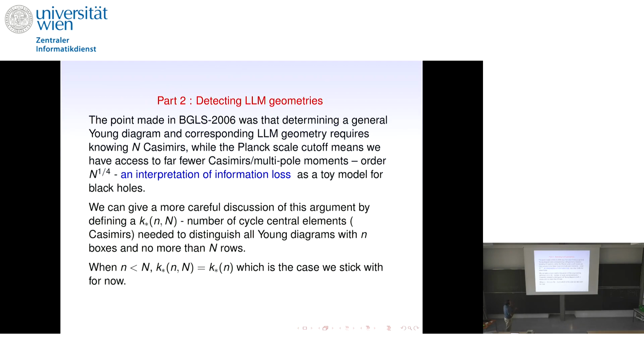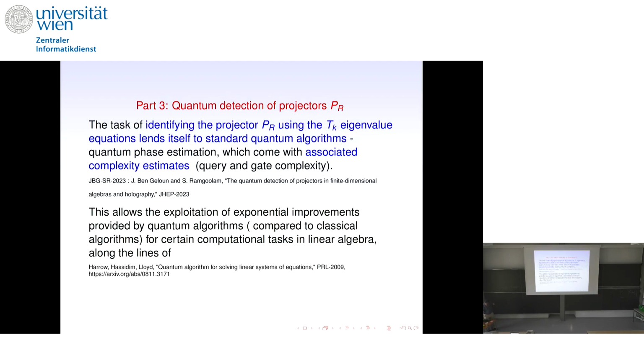So the point made in this BGLS 2006 paper was that determining a general Young diagram and the corresponding LLM geometry requires, if you don't think too hard, n Casimirs to determine a representation of U(n).